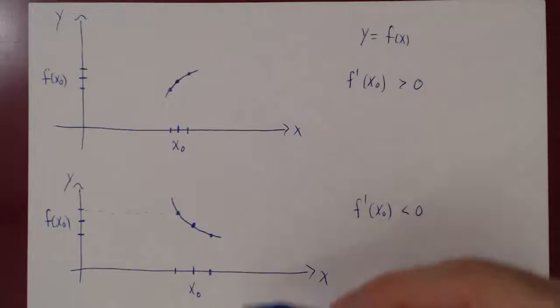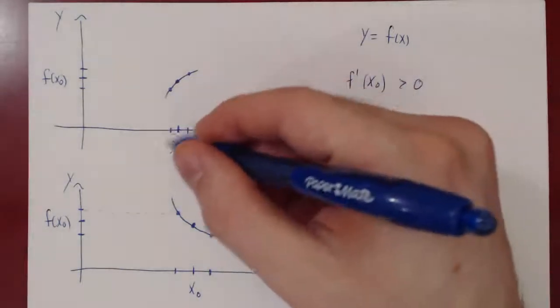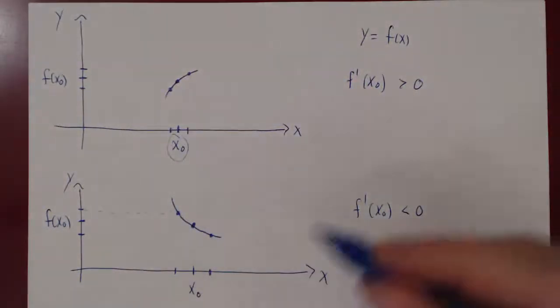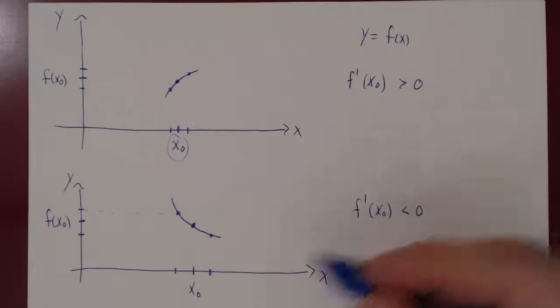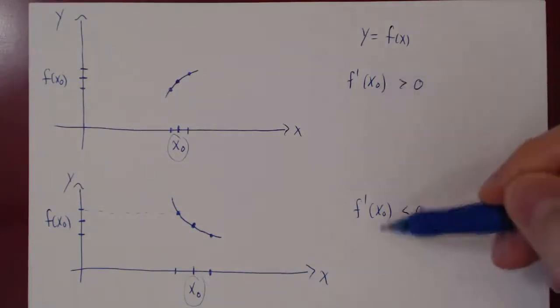So you see it's clear from our two pictures that if the derivative is positive at this point, it can't be a max or a min. If the derivative is negative at this point, the point can't be a max or a min. So the only way to have a max or a min is to not be in one of these cases.